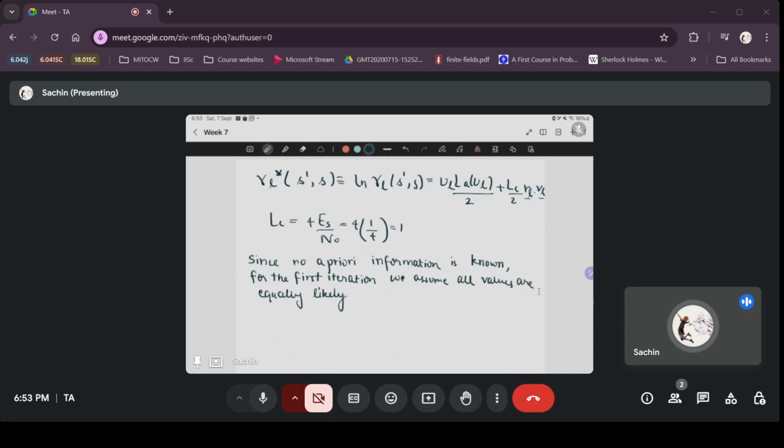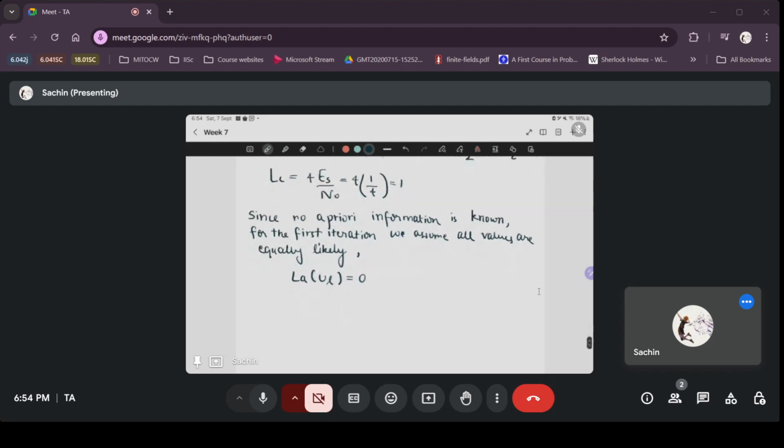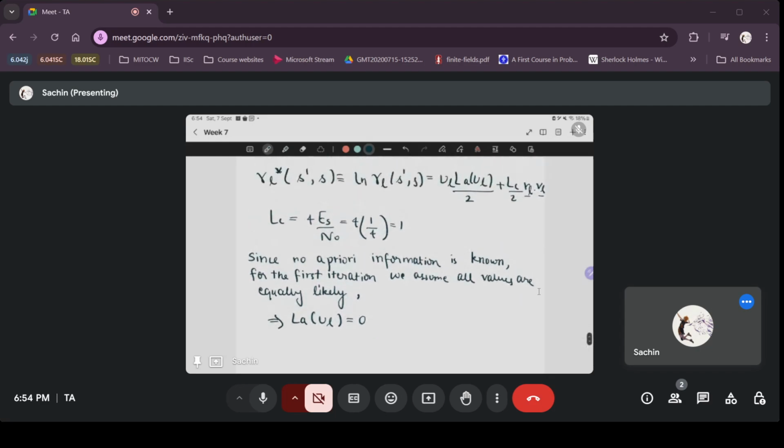That is, we assume probability of UL equal to plus 1 equals probability of UL equal to minus 1. So the ratio is 1, and log of that is 0. So L_A of UL is equal to 0, and gamma L star of S prime comma S is equal to half of RL dot VL.